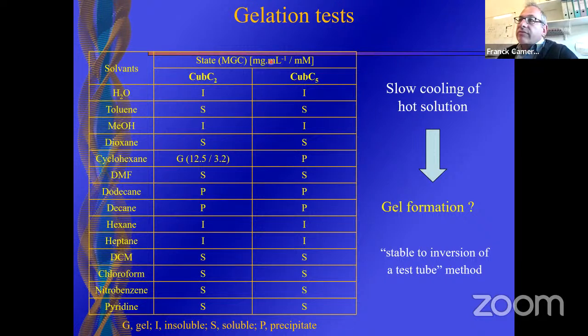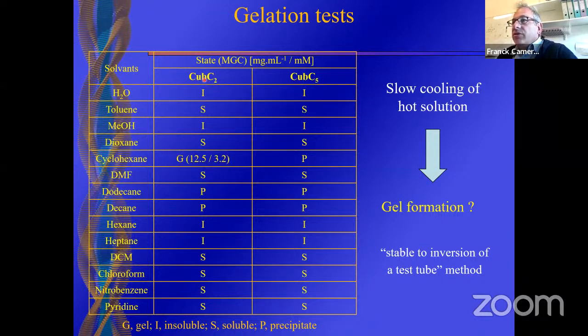So we do this for these 2 compounds in various solvents, and we check if it was insoluble, soluble, or if it makes gels. You have several possibilities: it can be soluble, it can precipitate after heating, or it can make gels. In fact, you have 4 possibilities.